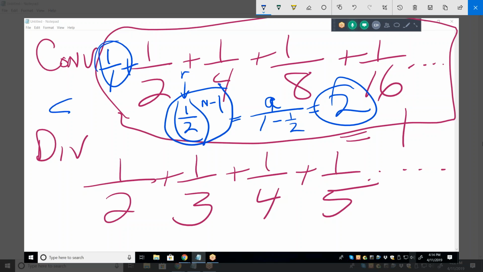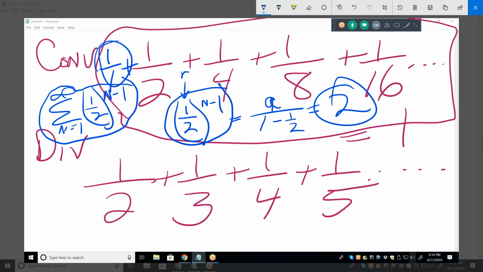So if I had a convergent series with n going from 1 to infinity of 1/2 to the n minus 1, my book says that this is equal to a, which in this case is 1, over 1 minus r.